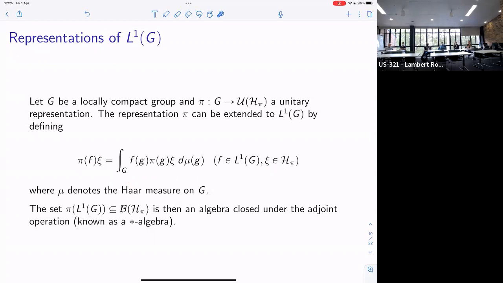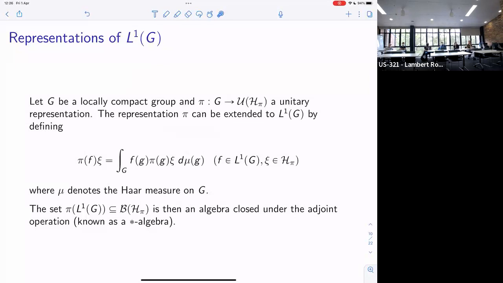And so this gives us an extension of our representation to a representation of the algebra L1G. And this is also an algebra homomorphism of L1G that also preserves the adjoint operation on this algebra.